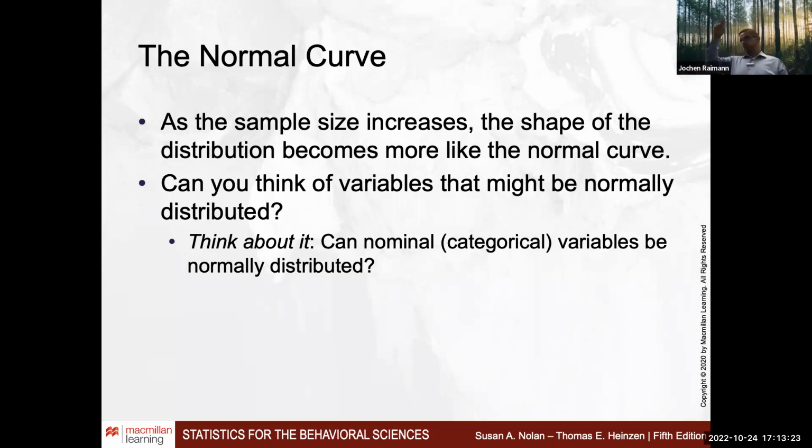So you get a distribution of your proportion estimates from each sample. That is normally distributed, and you make this assumption to use it for hypothesis testing. But generally, nominal variables are not normally distributed.